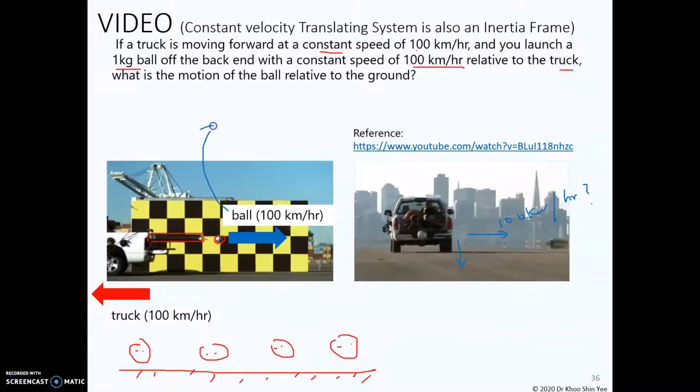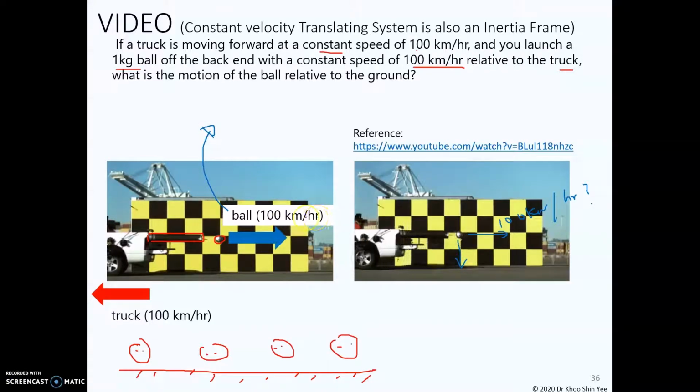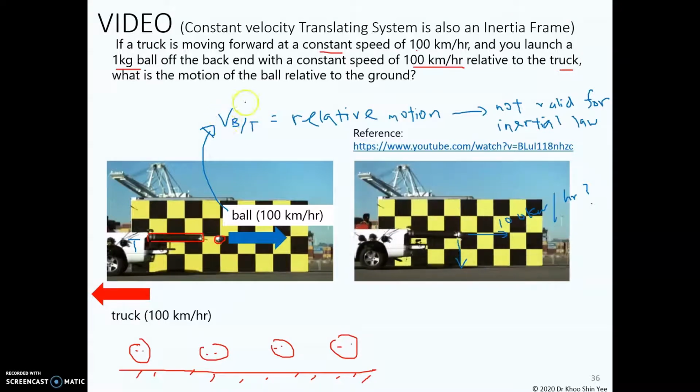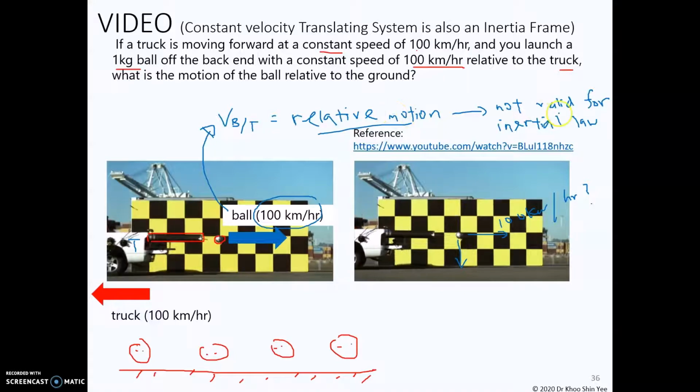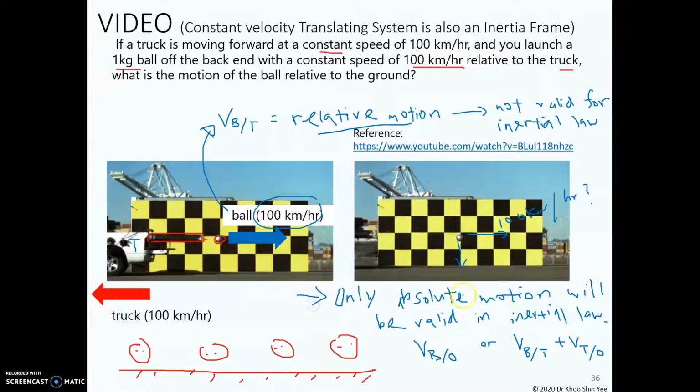This is because the 100 km per hour of the ball is measured with respect to the truck, which is a translating frame. Therefore, you should know the velocity of the ball with respect to the truck here, which is 100 km per hour to the right, is a relative motion, and this motion is not valid for the inertial law. Bear in mind, only absolute motion will be valid in the inertial law.